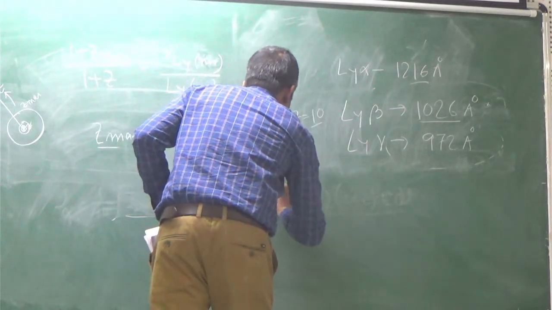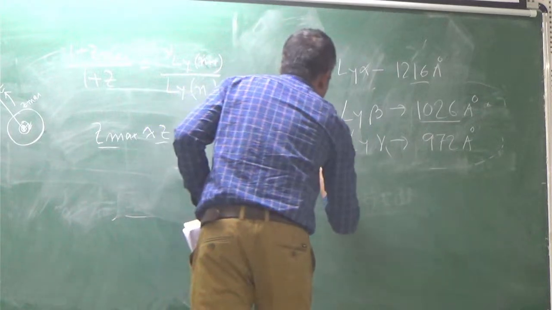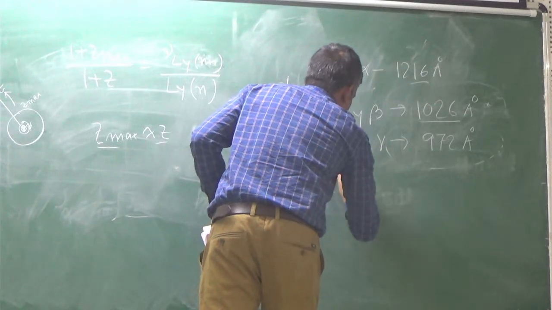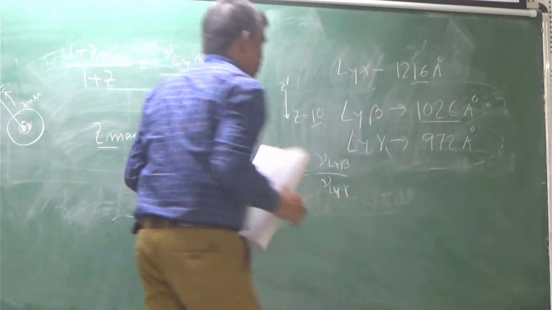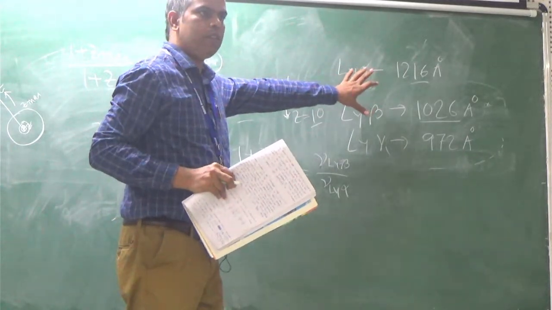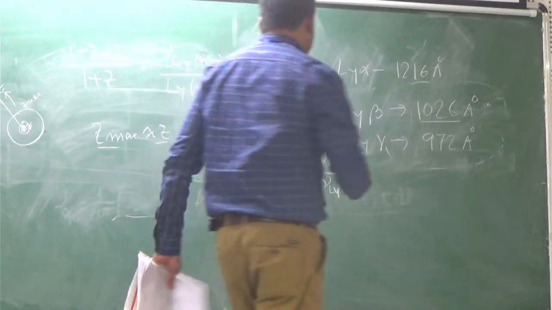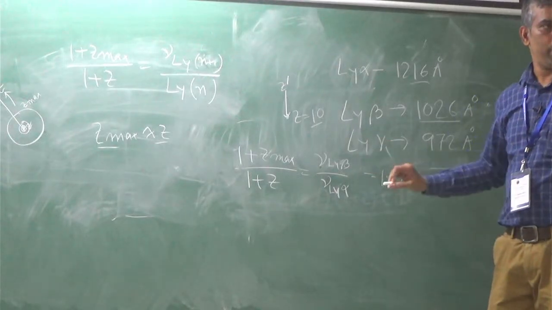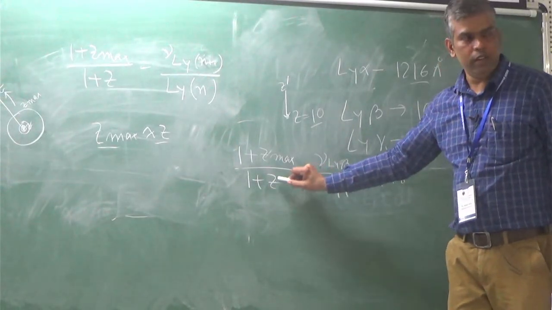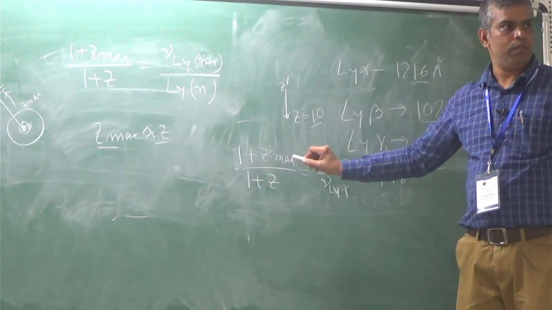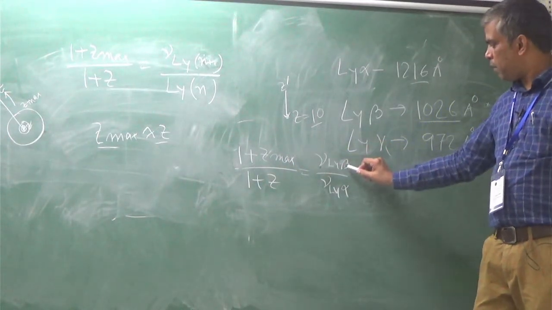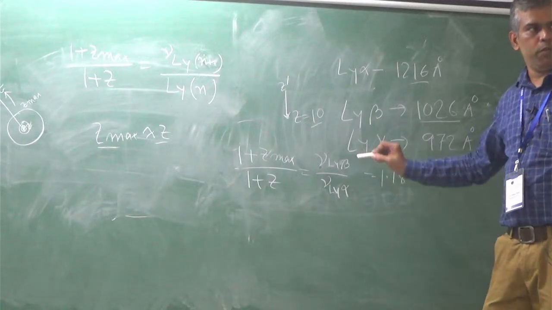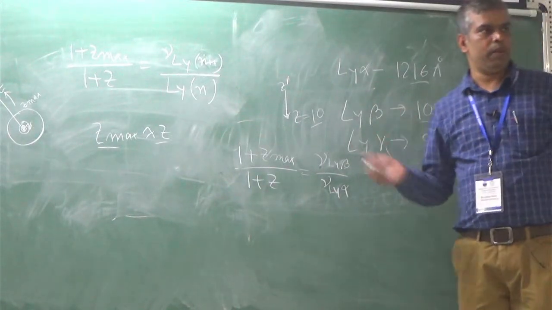So the ratio of Lyman beta to Lyman alpha frequency gives this number, and that turns out to be 1.18 for this band. Now if you use z equal to 10, you will get the z max value. That is for Lyman beta, Lyman alpha. If you consider Lyman gamma, Lyman beta, the number will be different. So for different bands, the number is different.